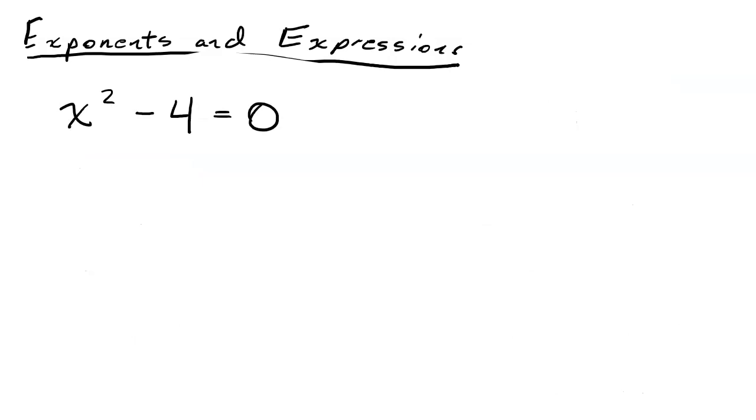Okay, here we have an equation. Now, why is an equation different from an expression? Quite simply, it's because it has an equal sign in it. Expressions are simply numbers relating to other numbers and variables, and you can get some output from it.